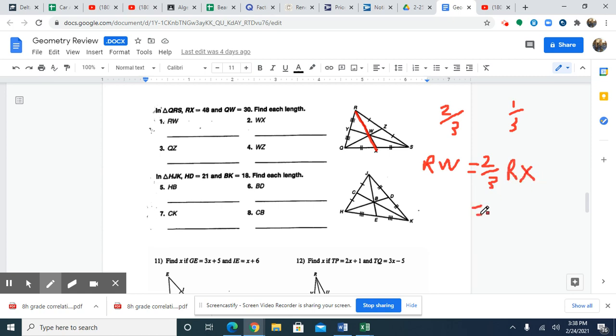So let's go ahead and replace that and say RW is equal to 2/3 of RX. And we know that RX is equal to 48. So RW is equal to 2/3 of 48, which is equal to 32.